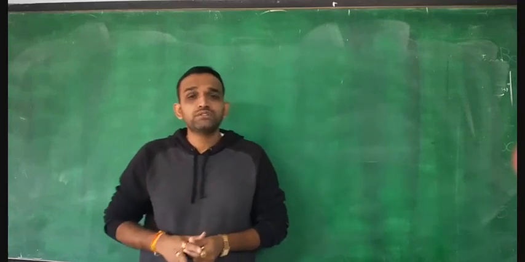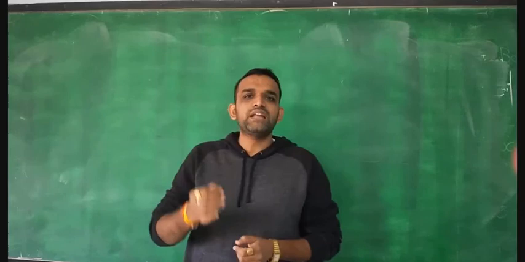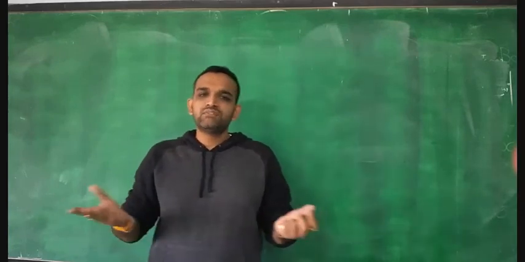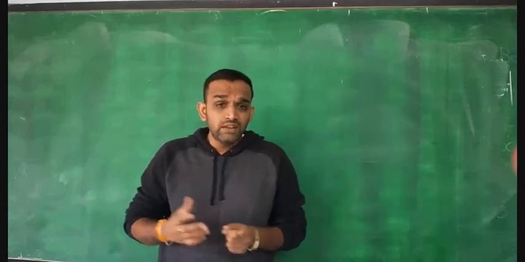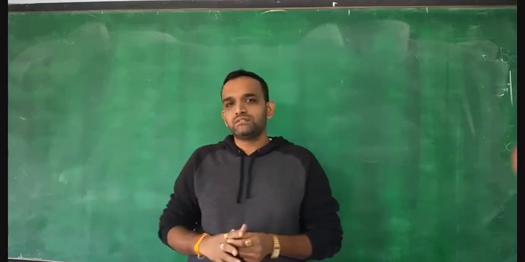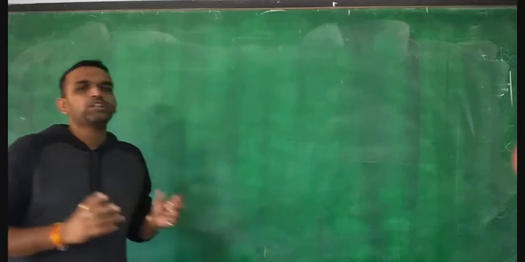If the initial concentrations are different, then the equilibrium constant remains constant at a constant temperature, right? If the temperature is constant, then the equilibrium constant is also constant. The value of the equilibrium constant changes if the temperature changes. So we can say that the equilibrium constant depends upon the temperature. If you change the temperature, then the equilibrium constant is also changed, right?